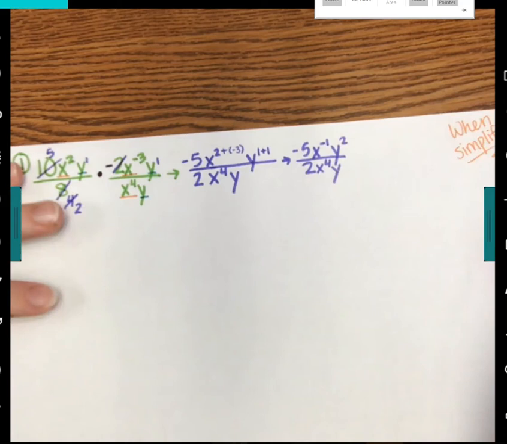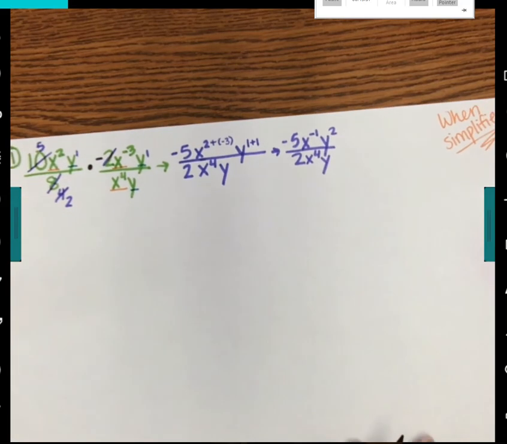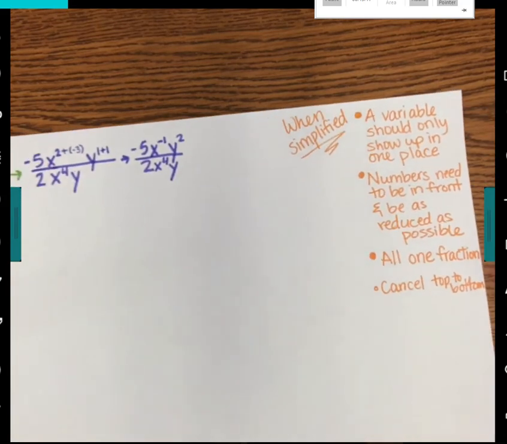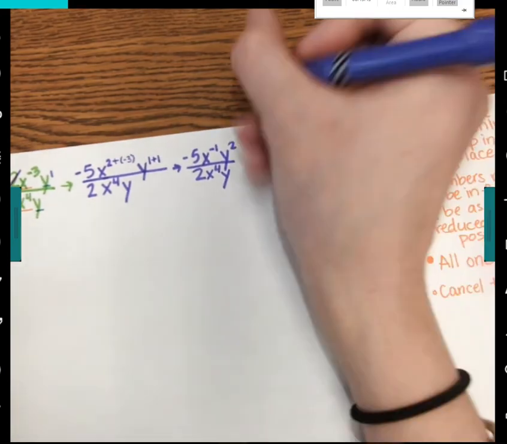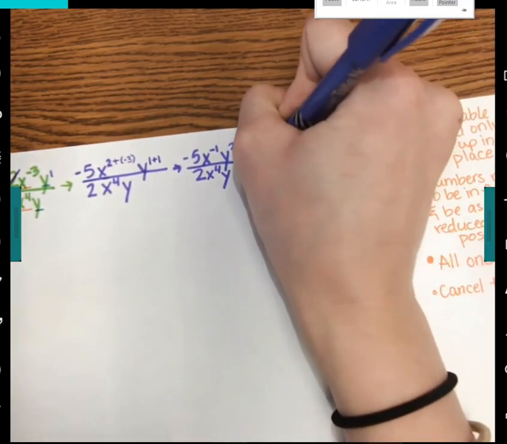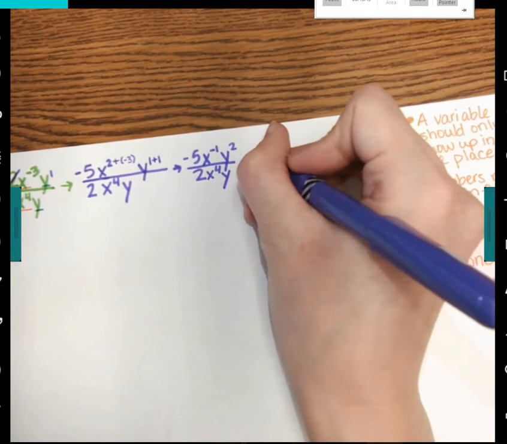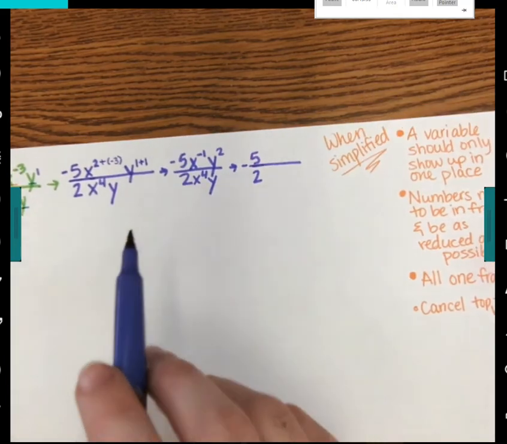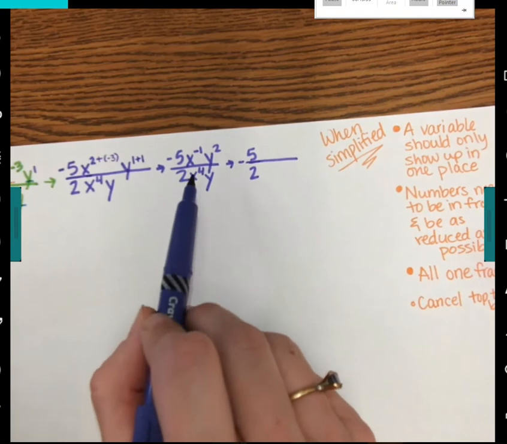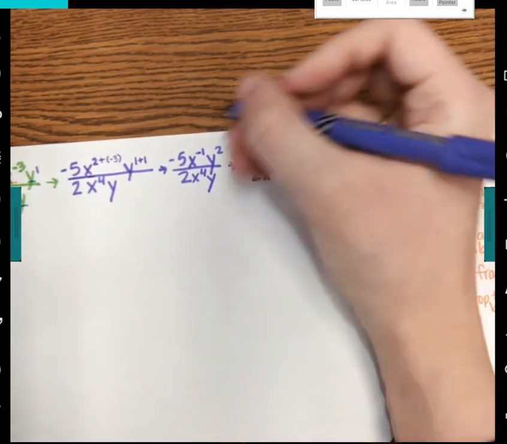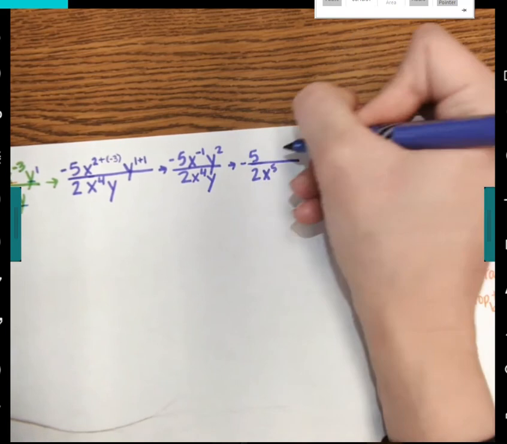Now we do that fun little game, because our variable should only show up in one place. So, our numbers. Now, numerator against denominator, and there's a game played for every variable. So, denominator wins by 5 points.